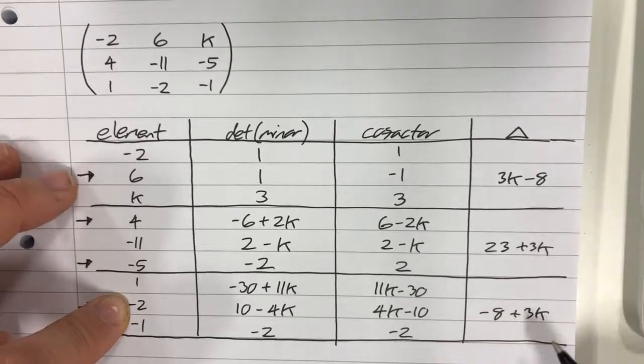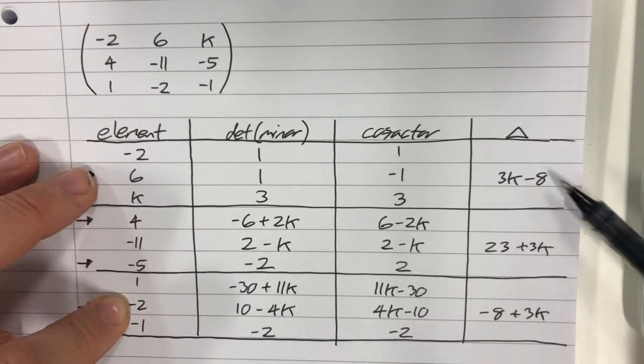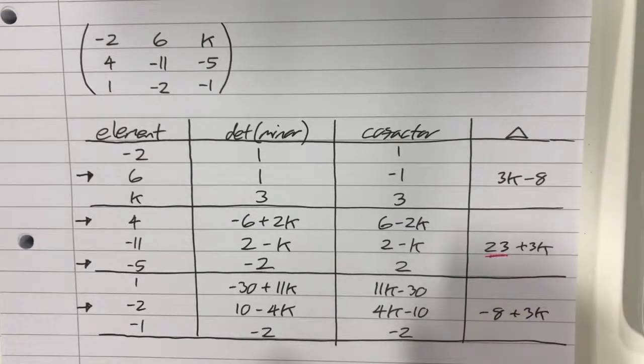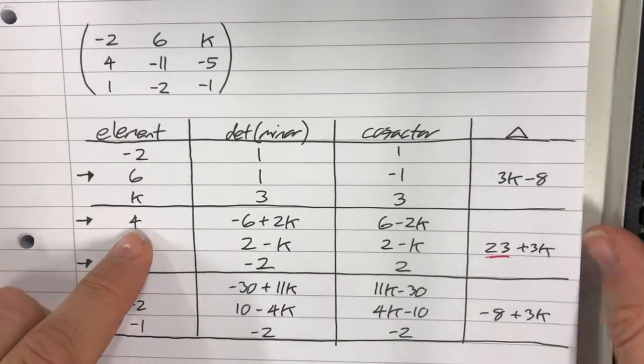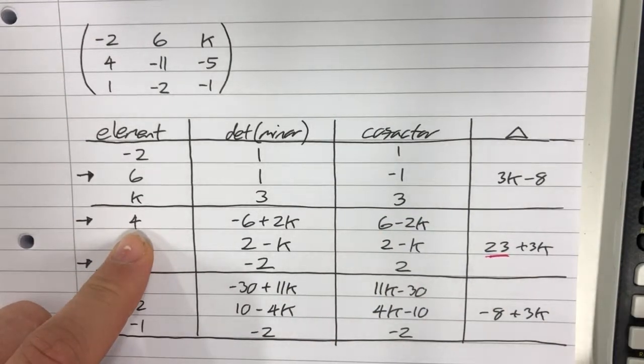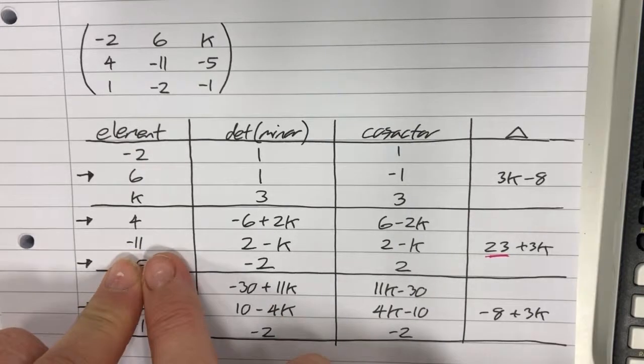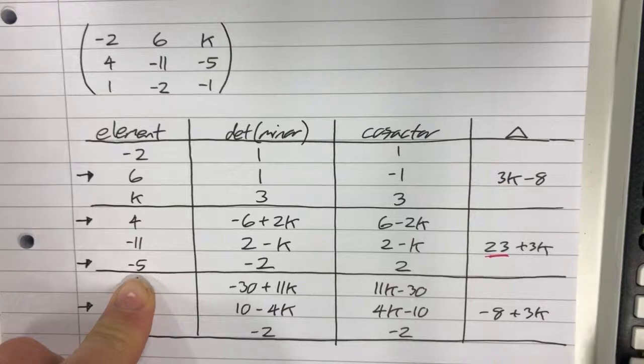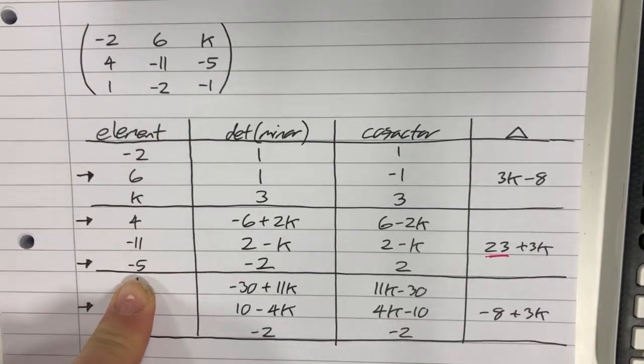So because these 3 don't match up, but the top and the bottom one do, that tells me that there's more than likely an error in this middle one, specifically with the constants. So I'm just going to check again the constants before I check the minors. So 4 times 6 is 24, minus 11 times 2, so it's minus 22, and then minus 10 gives me minus 8. Oh, it was just my calculator.